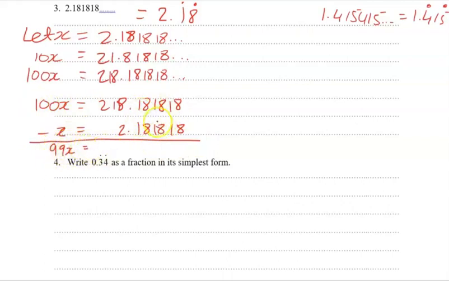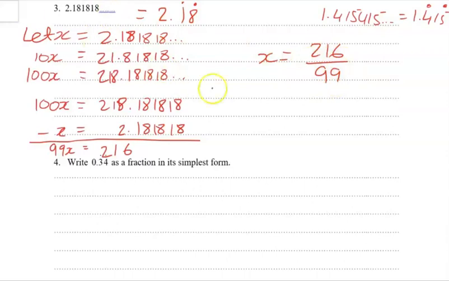Now all of these decimal places, they all cancel out, so nothing's left here. 8 take away 2 is 6. 1 and 2 come down. So x is going to equal 216 over 99.